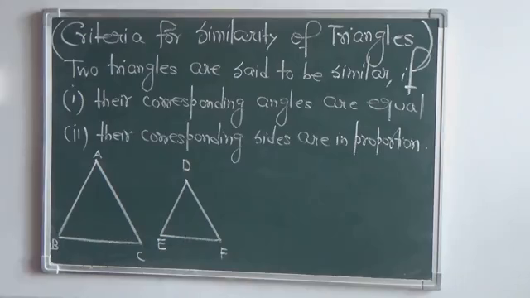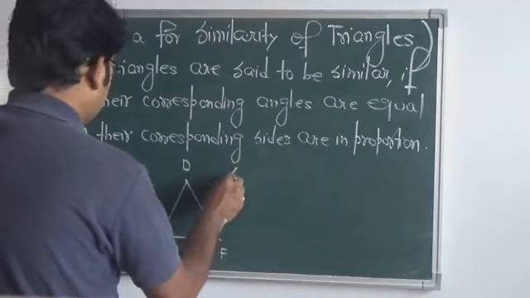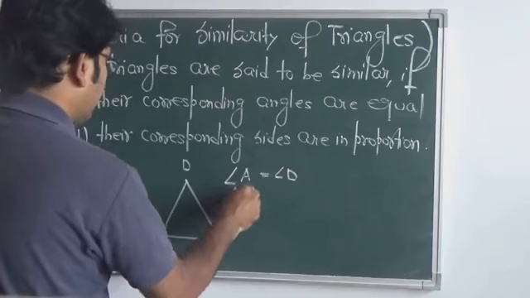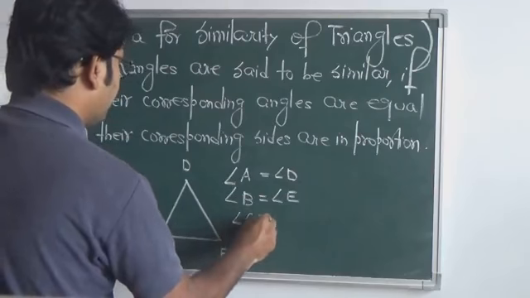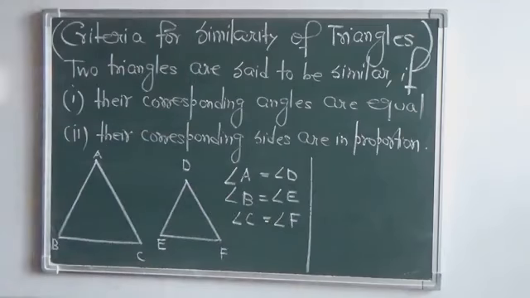So triangle ABC and triangle DEF, what is the condition? Their corresponding angles are equal, that is angle A should be equal to angle D, angle B should be equal to angle E, and angle C should be equal to angle F. First condition, if they are similar. If they are not similar, this particular thing does not hold.